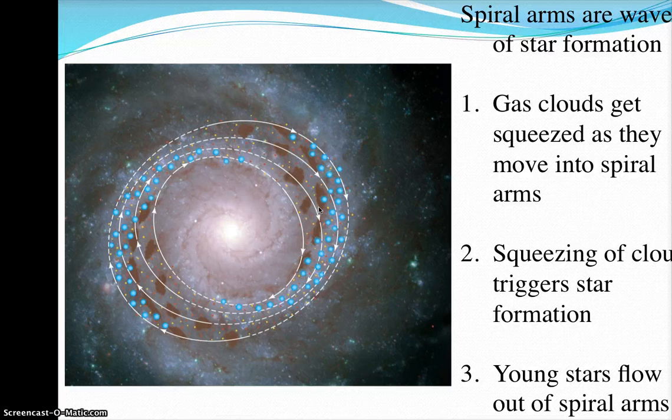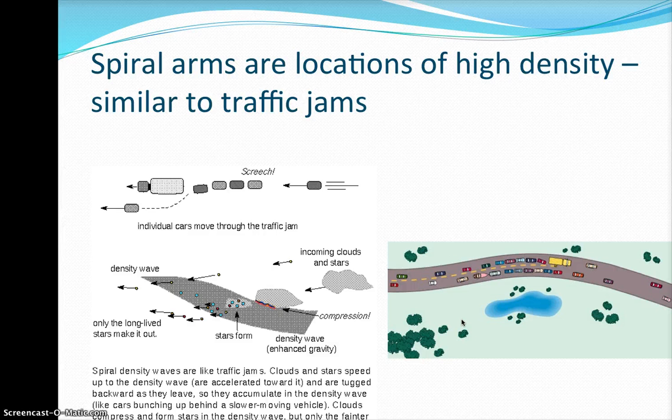As things are moving through the spiral arms, you actually see young stars emerge from the spiral arms. It's kind of interesting when you think about it. The spiral arms, you might think, are rather stagnant, but they're really areas of stellar traffic jams.